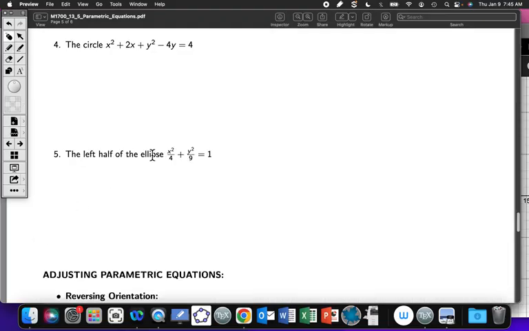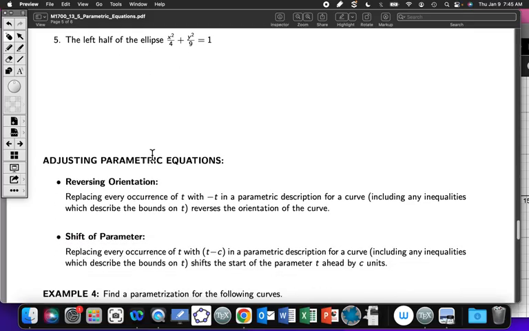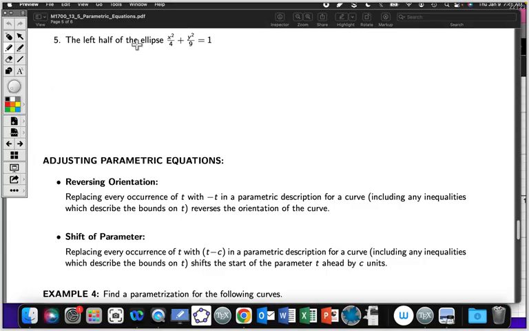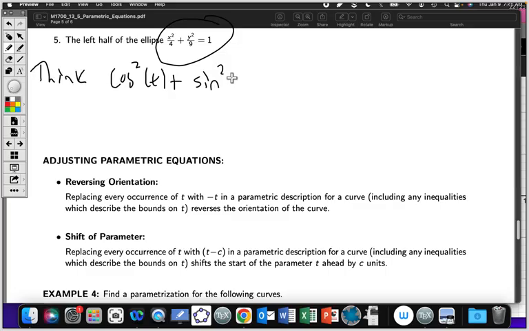there we are. Okay. The left half of the ellipse. All right. Once again, I've got x squared plus y squared, or the sum of two squares equaling 1. What's being squared here? So I want to think cosine squared t plus sine squared t is 1.